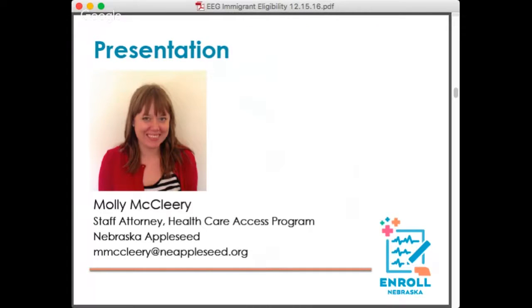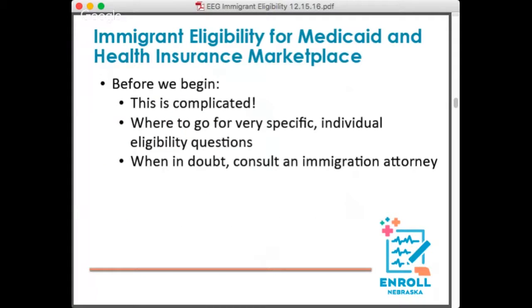Great. So just a couple disclaimers before we get started. As I mentioned, the intent of this is to give a general overview around the rules for immigrant eligibility. As we'll work through this, you'll realize this is a super complicated topic. It's a topic where there are rules and then exceptions to the exception. So we'll try to go through it slowly, but please feel free to add questions in the chat box and we'll try to answer them.